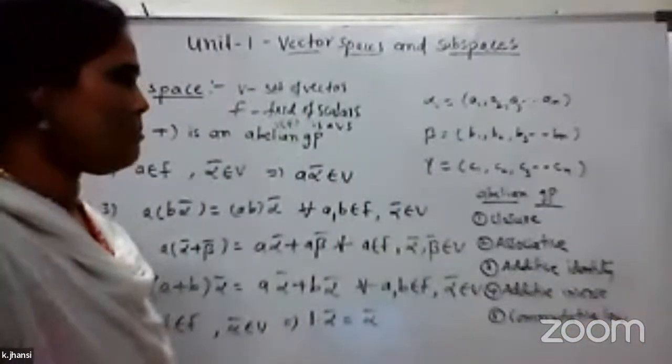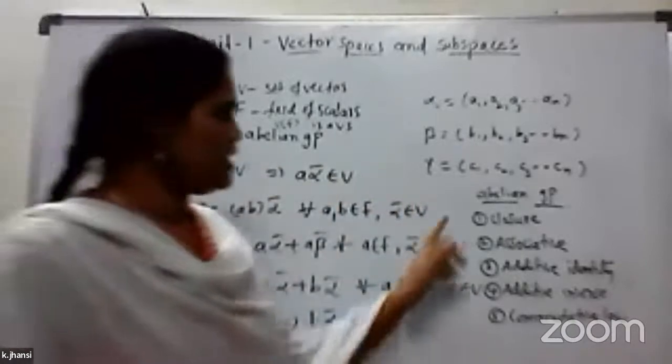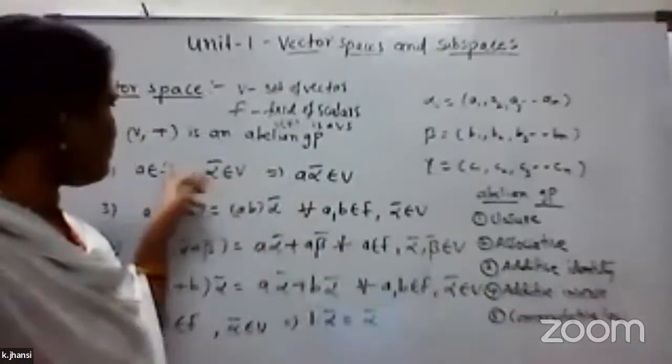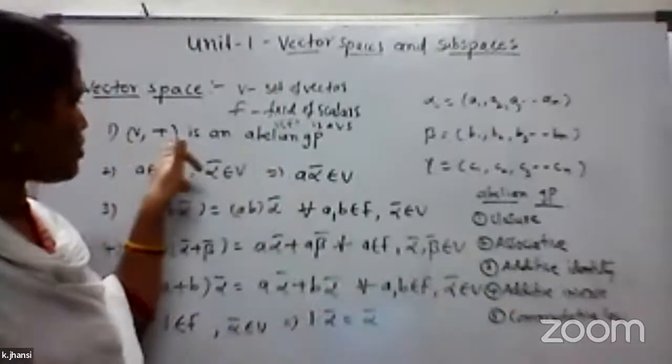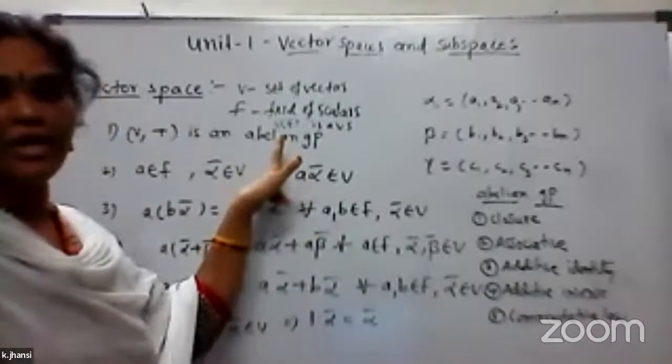For any set to become an abelian group, it has to satisfy these 5 conditions. If they are satisfied, then V with respect to the operation plus is called an abelian group.